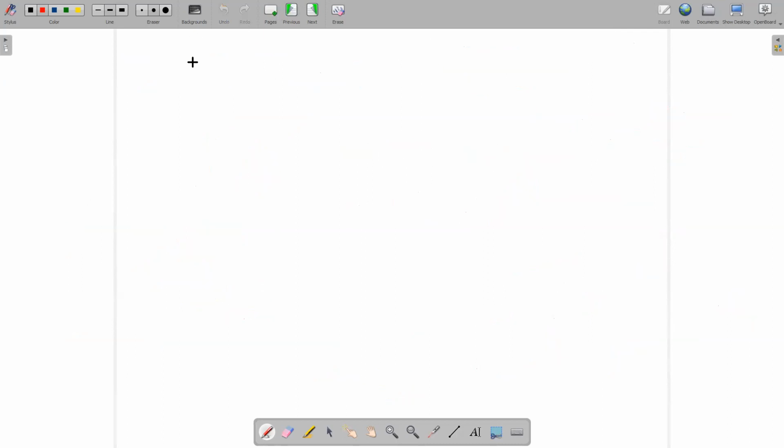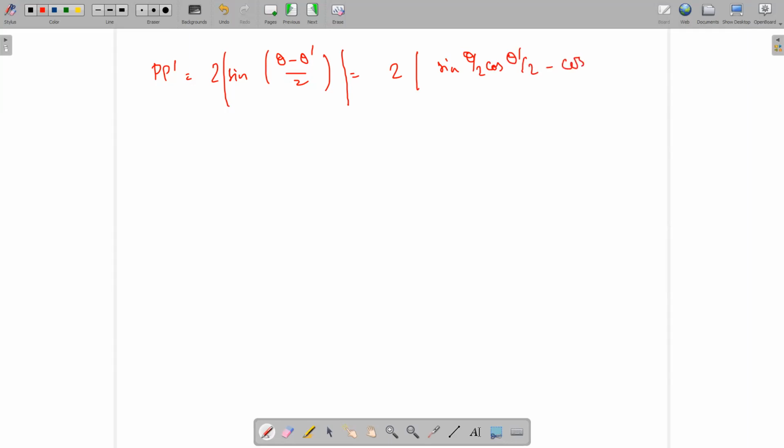So p dash is equal to 2 sine of (theta minus theta dash) by 2, right? And to be more rigorous, let's put this: 2 mod of sine theta by 2 cos theta dash by 2 minus cos theta by 2 sine theta dash by 2, right? And this is rational.